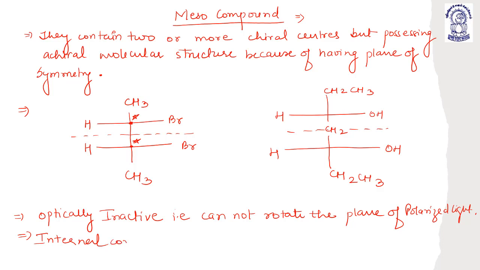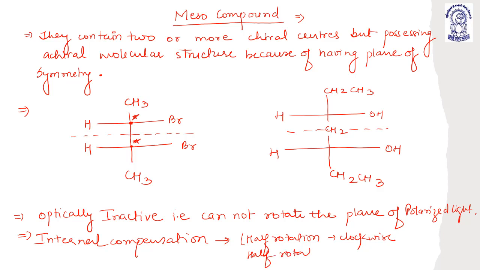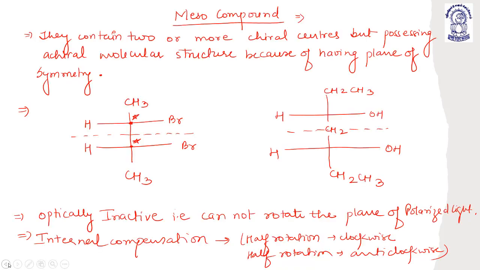Internal compensation means half the rotation goes clockwise, half the rotation goes anti-clockwise. So the overall rotation results in 0. The cancellation of rotation is known as internal compensation. In short, the meso compounds are optically inactive due to internal compensation.